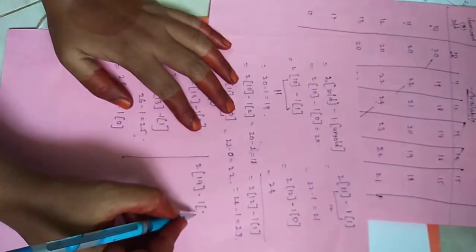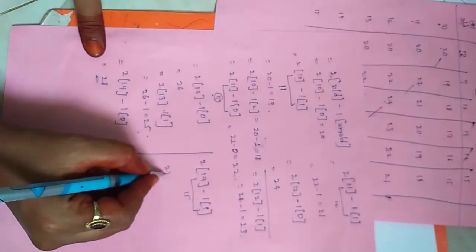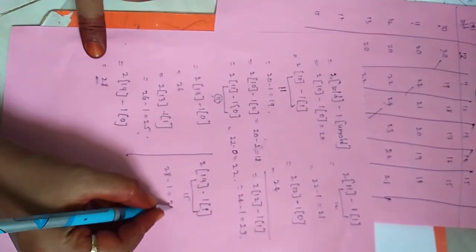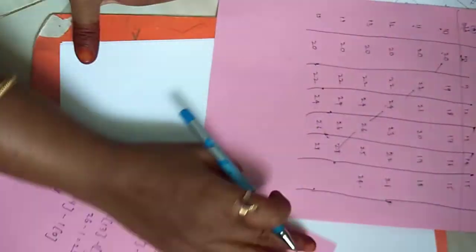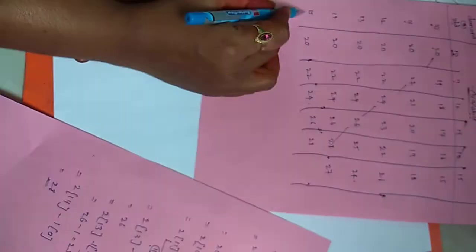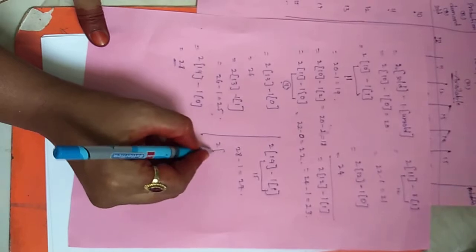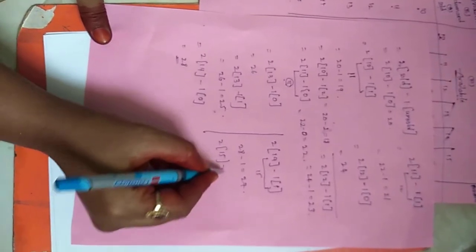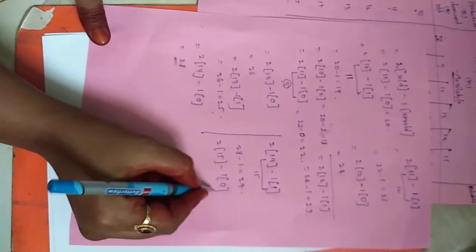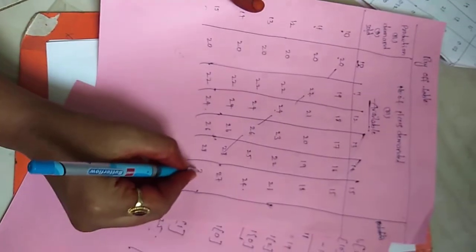So 28 minus 1, which is equal to 27. 27 here. Then next we have 15 available and sold also the same. It means 2 into 15 minus 1 into 0. It is 30. We write 30 here.